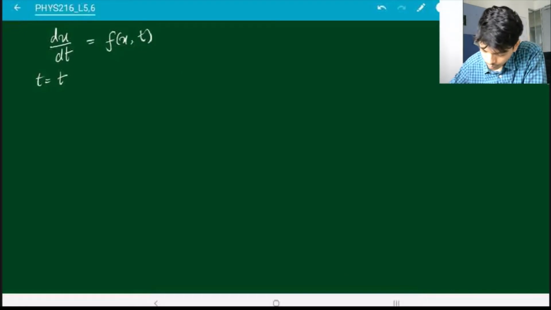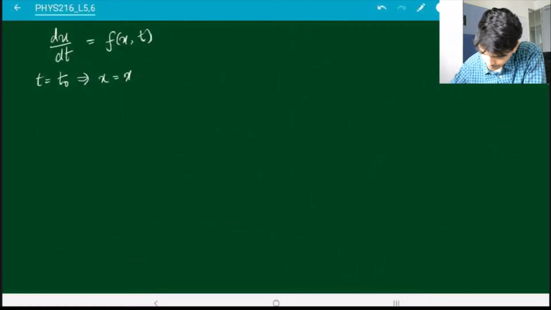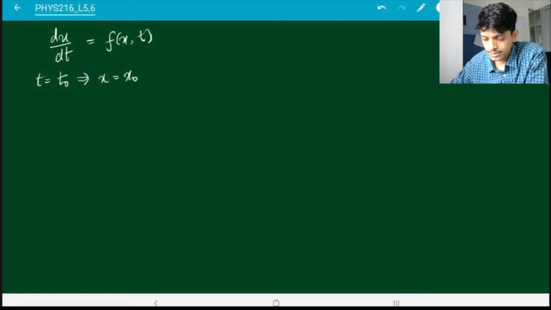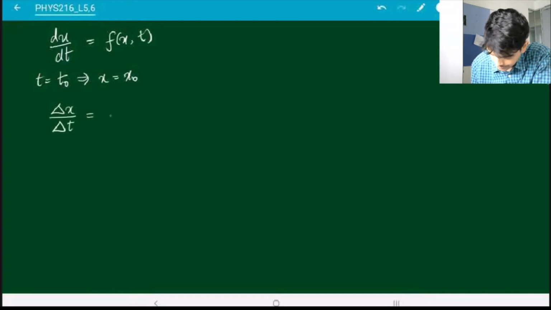Okay, so we know that when t equals t0, then x equals x0, which is my initial condition. So you know your starting point: your starting point is t0 and x0. What we do is write dx by dt as delta x by delta t, which is f of x, t.